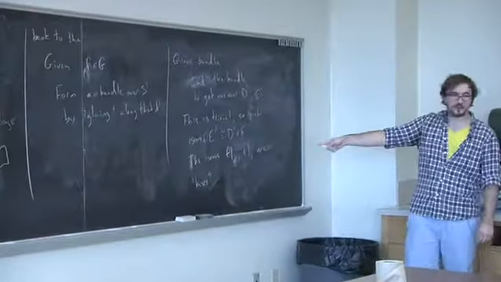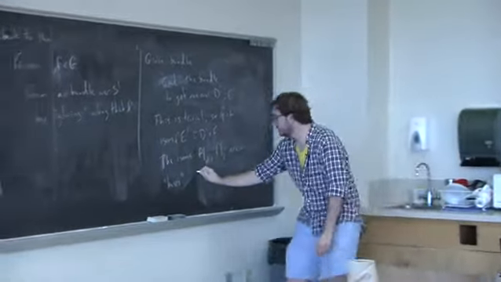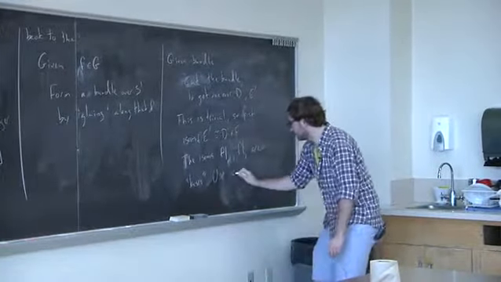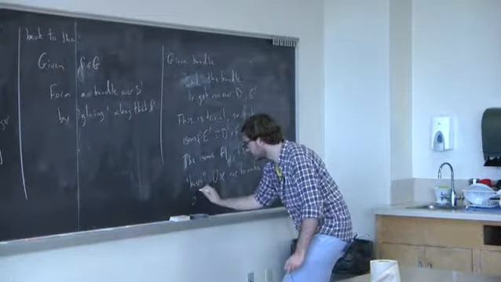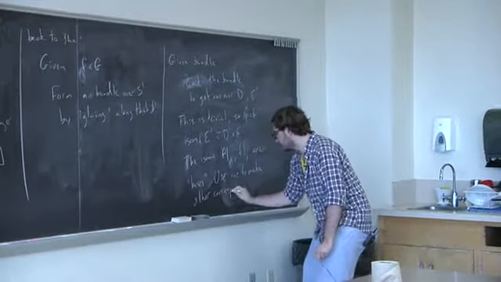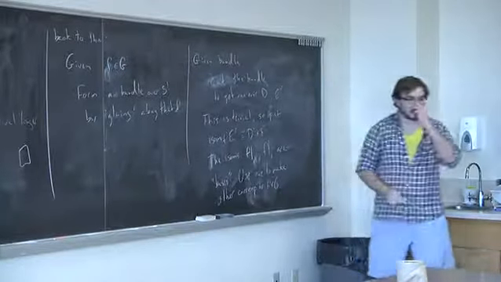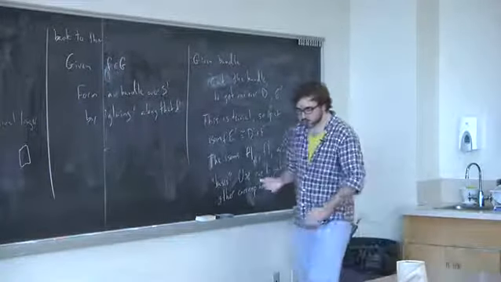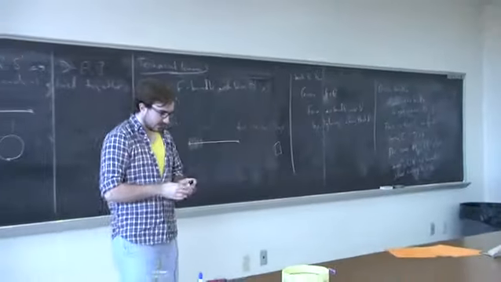So I can use one of them to make the other one correspond to something in my automorphism group. Okay, so that's a little bit cryptic, but luckily we can see it with these guys too.